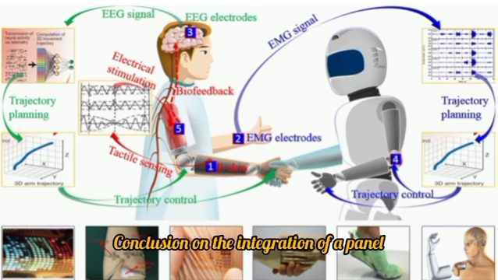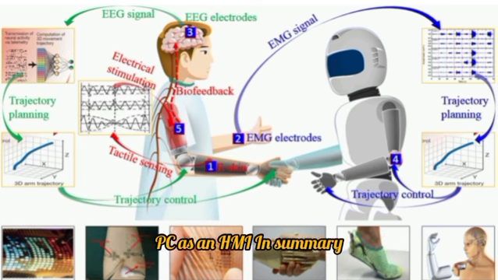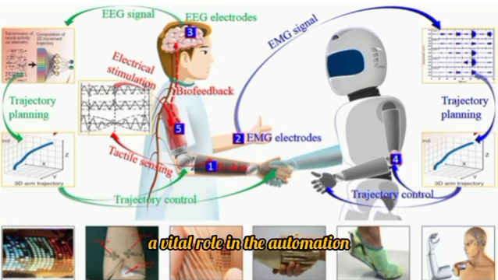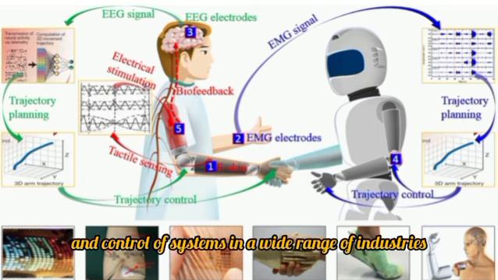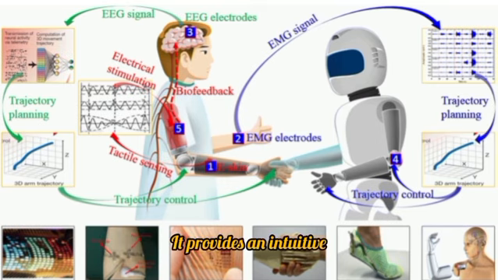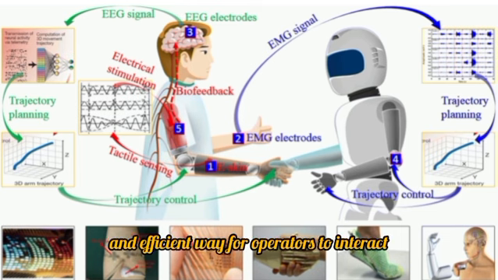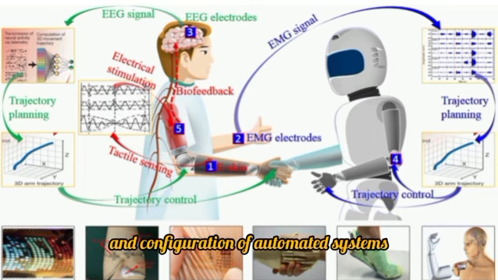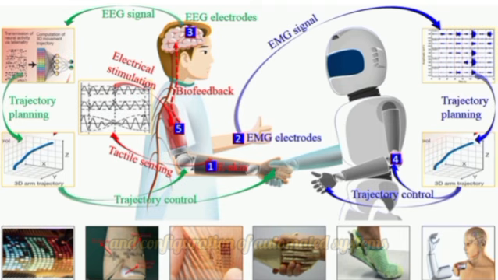Conclusion on the integration of a panel PC as an HMI. In summary, the HMI, or human-machine interface, plays a vital role in the automation and control of systems in a wide range of industries. It provides an intuitive and efficient way for operators to interact with complex machines and processes, facilitating control, monitoring, and configuration of automated systems.